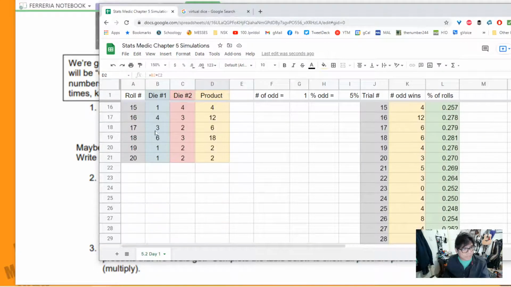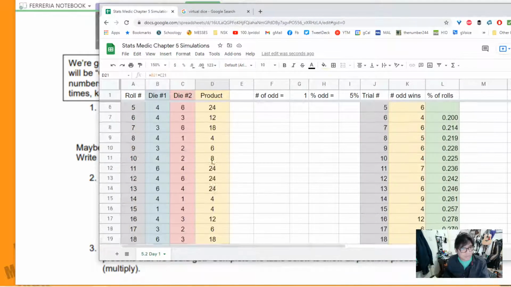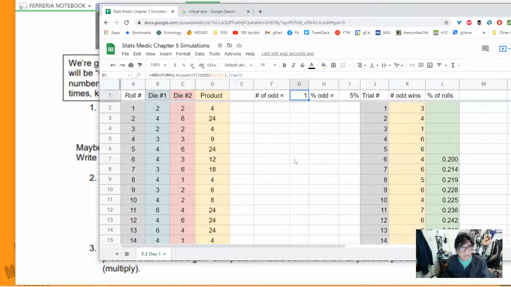We do that 20 times. The 20th trial here was 1 and 2, which is a 2. And then we're just going to count how many odd results we have there. We turn that into a percentage, 5%. 1 out of 20 is 5%. And yeah, that's all we really need to do.